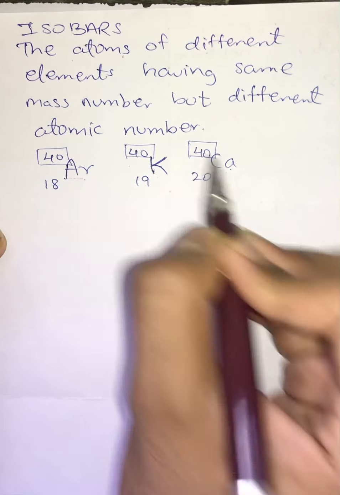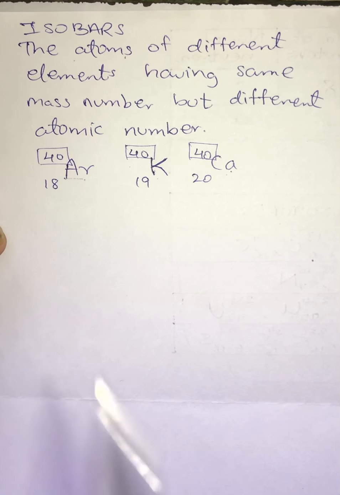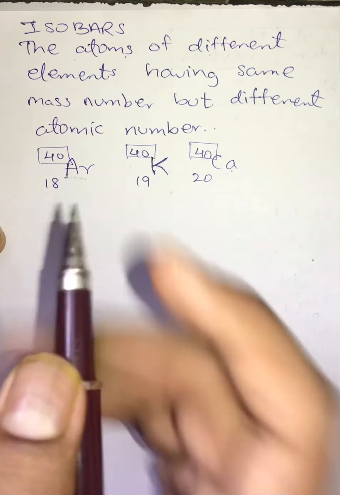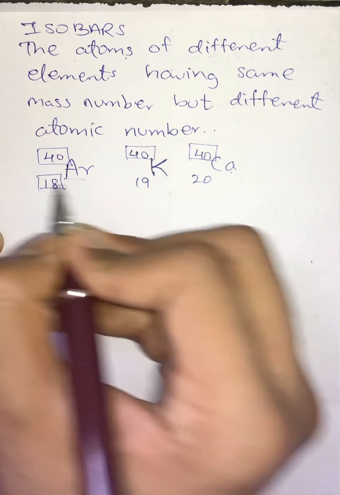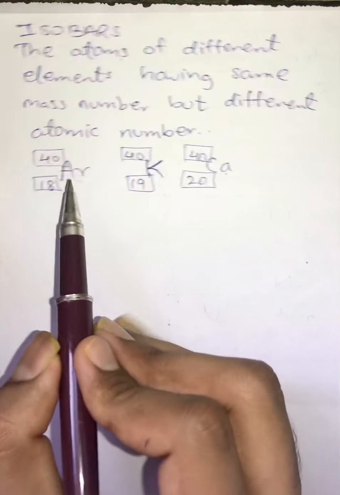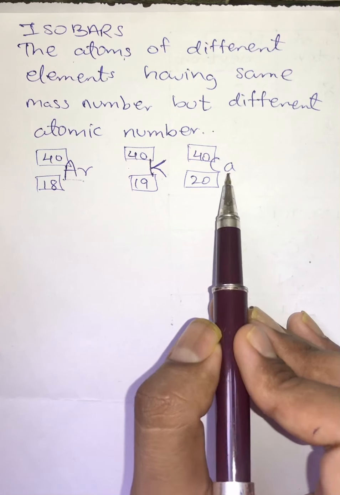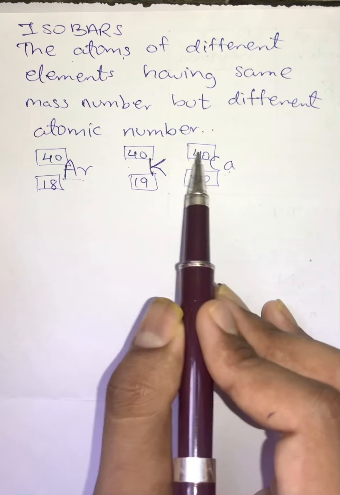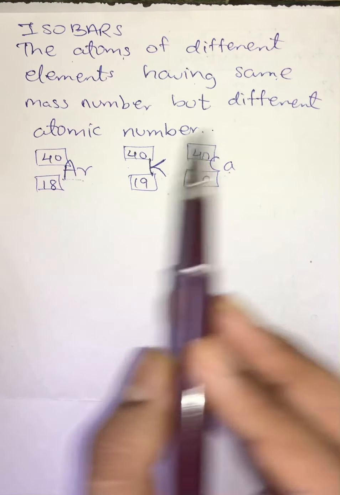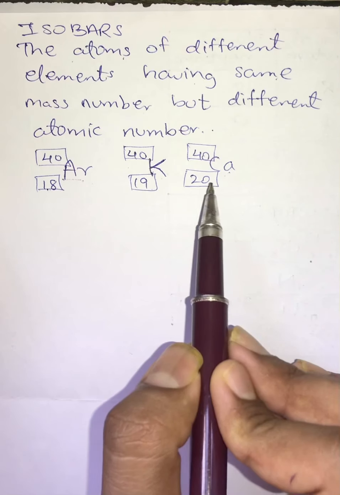The mass number of all of them is same, which is nothing but 40, having same mass number but different atomic number. Can you see guys that the mass number of argon, potassium and calcium is all 40, therefore having same mass number but different atomic number, that is their atomic number is different, 18, 19, 20.